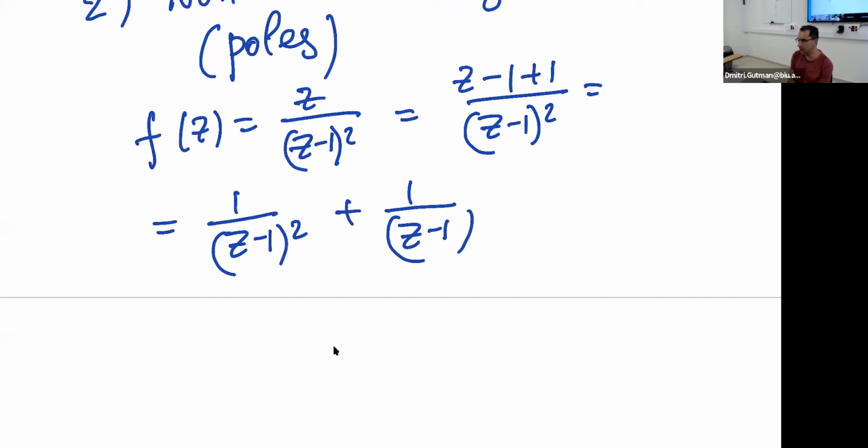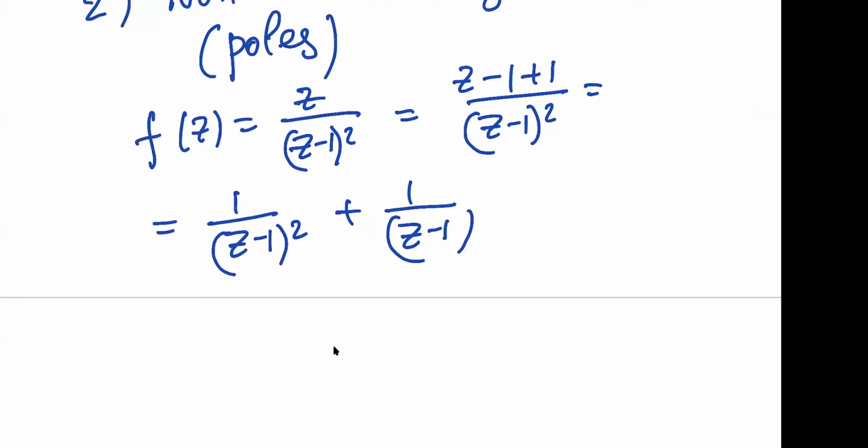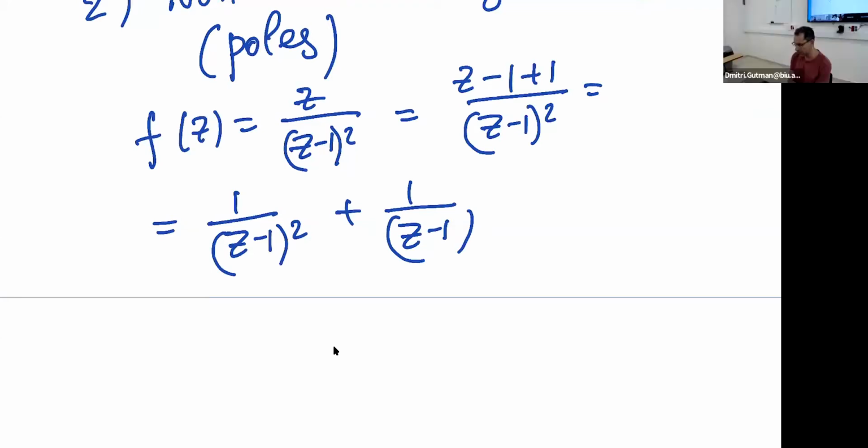So we clearly see that there are several terms with negative powers of z minus w, in this case two terms. But what is really important is that it is a finite number of such terms.